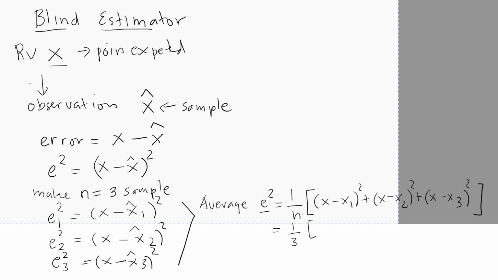So this is actually the average. The average mathematically we can write as the expected value of x minus x bar, something like that.